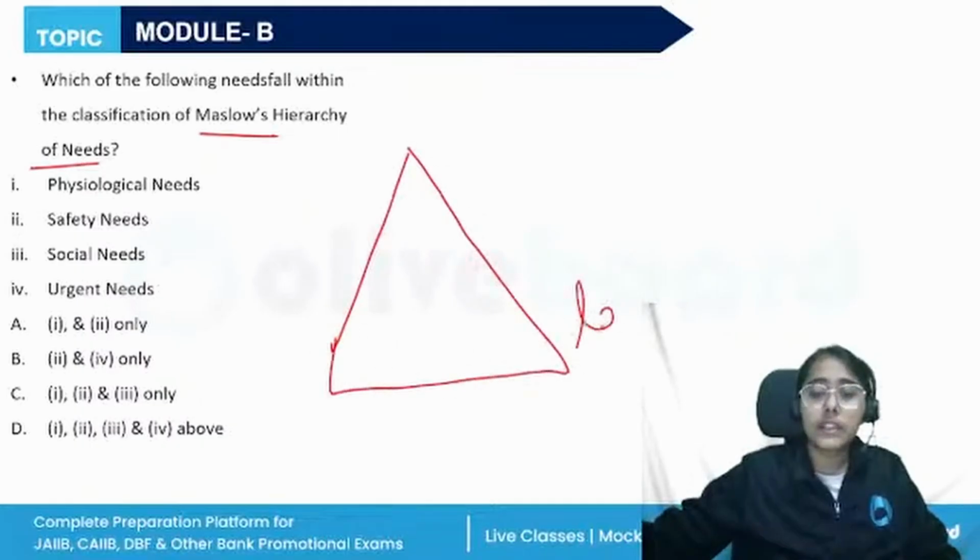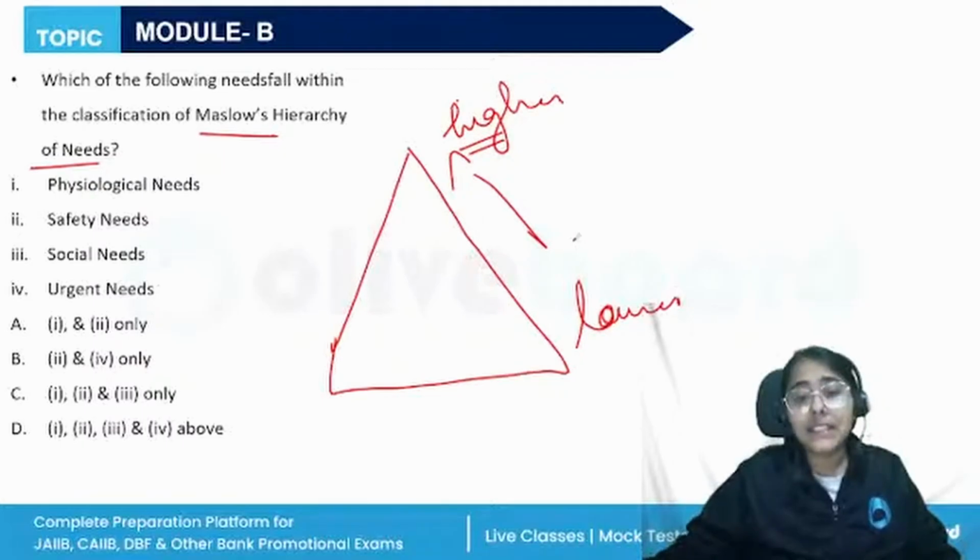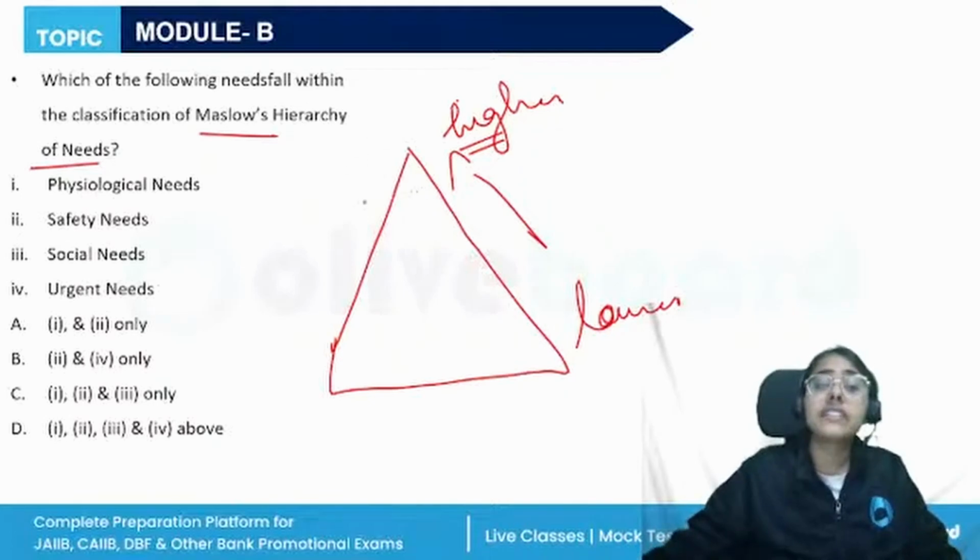From the lower level needs, people move to the higher level needs, and they try to achieve more needs. There are the basic needs, and there are the love and belongingness needs, self-worth needs, and finally we have the self-actualization. So which of the following needs fall within the classification?